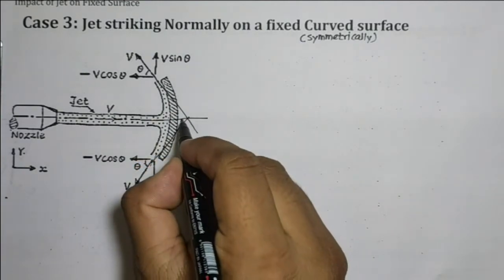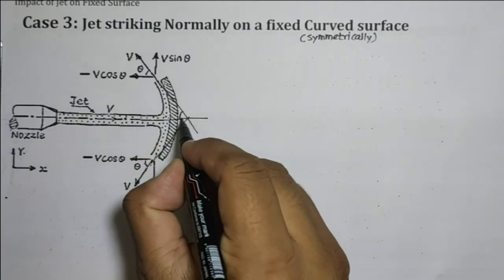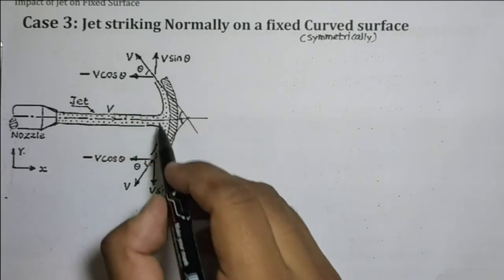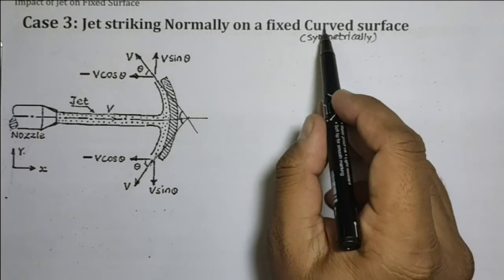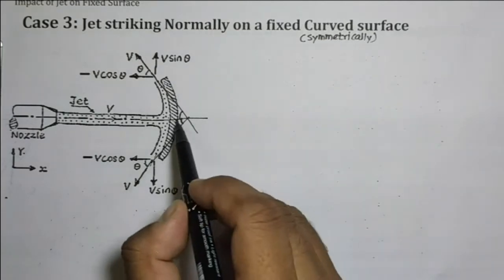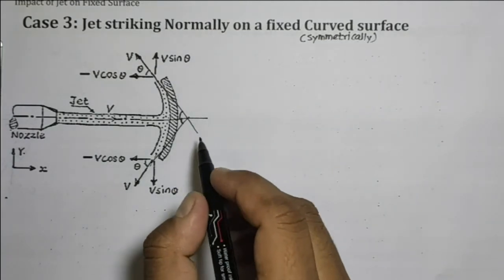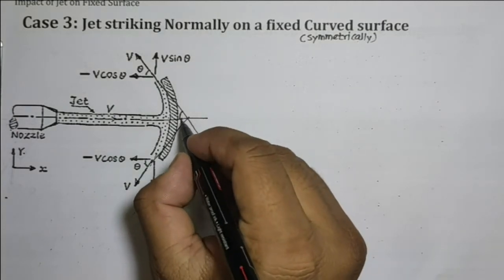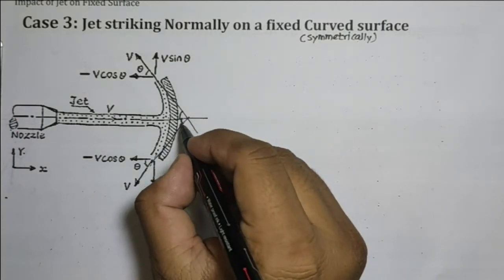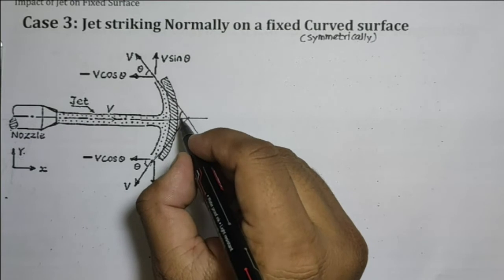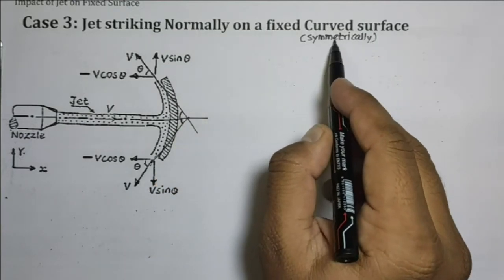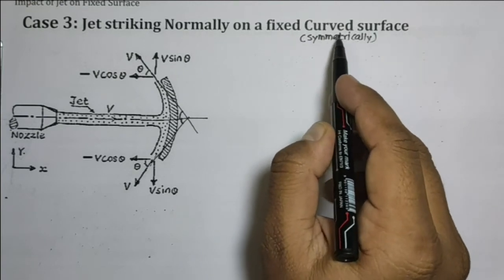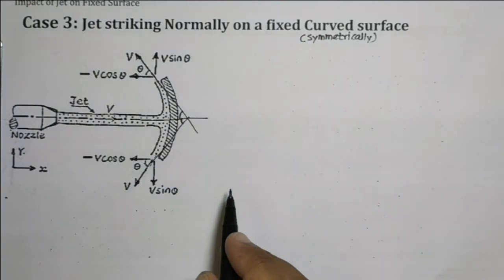If this angle and this angle are the same, that is theta and theta, then it can be said that the surface is a symmetrically curved surface. If this angle is not equal, then we can say that the curved surface is unsymmetrical. So this has to be considered.